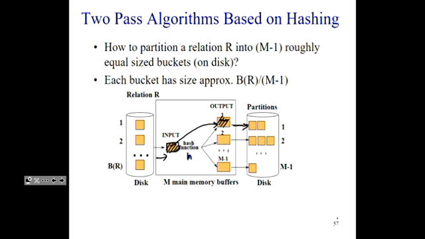So what is the size of each partition? In this case, you have m minus 1 partitions, and therefore the size of each partition is roughly B(R) divided by m minus 1. Any questions about this? Okay.